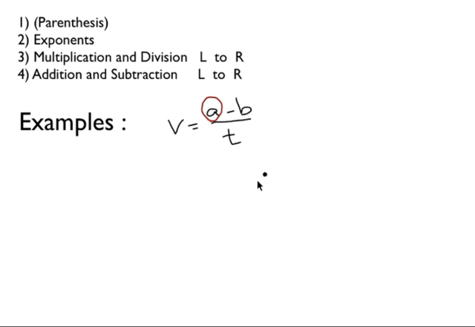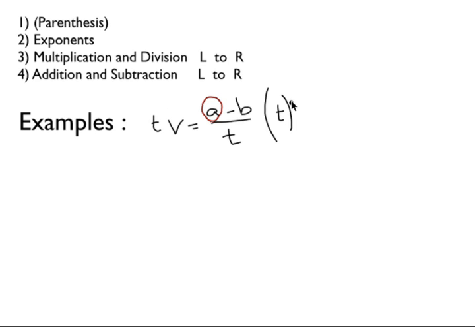So here again, we want to get rid of the t first before we do this subtraction, because it's really a divided by t and b divided by t. But if we move the t over first and then take care of that subtraction, that'll simplify things for us. So this is all divided by t, so I'm going to multiply through by t, and what I do to one side I have to do to the other.